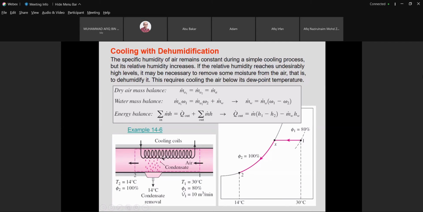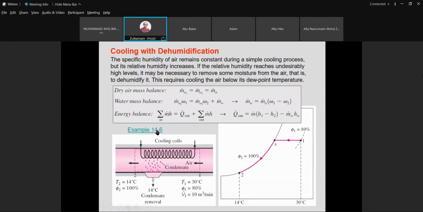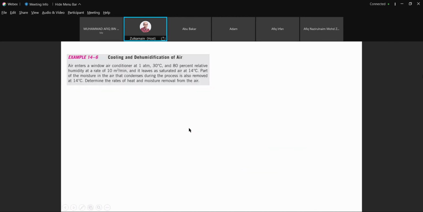Okay? So now we look at example 14.6, discussing this cooling and dehumidification. Air enters a window air conditioner at 1 atm, 30 degrees C and 80% relative humidity at a rate of 10 meter cube per minute.